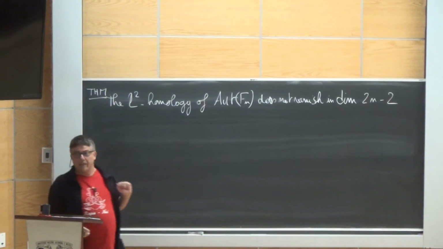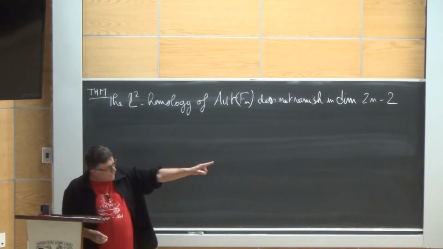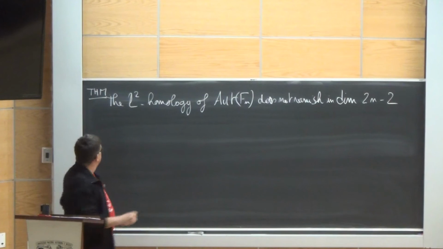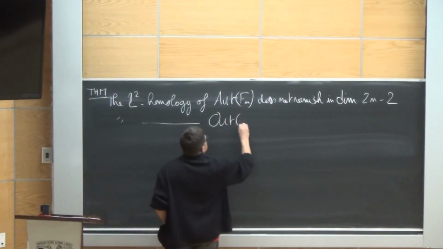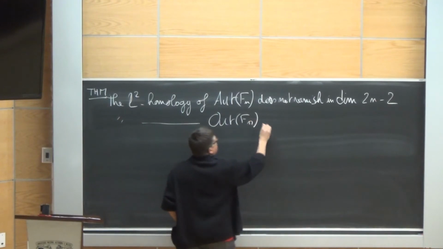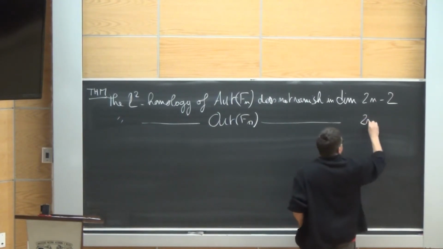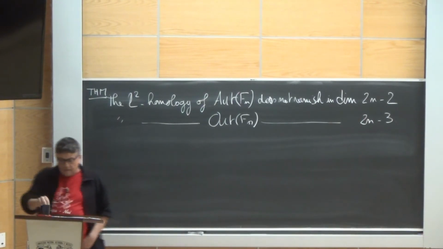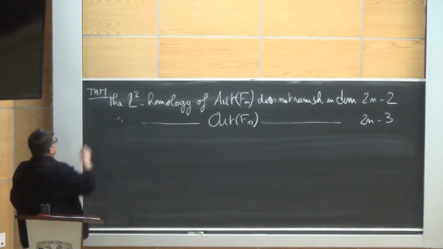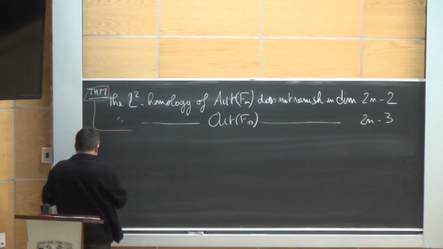This is not unrelated to the 2n minus 2 appearing there. And the same with Out Fn: it does not vanish in dimension 2n minus 3. Okay?